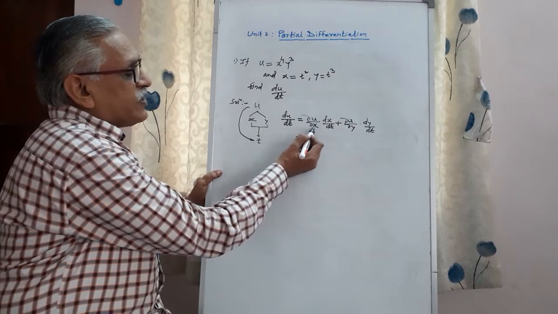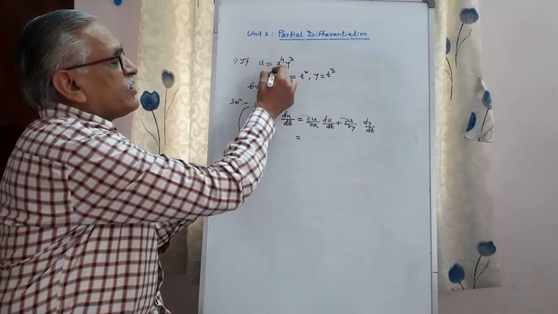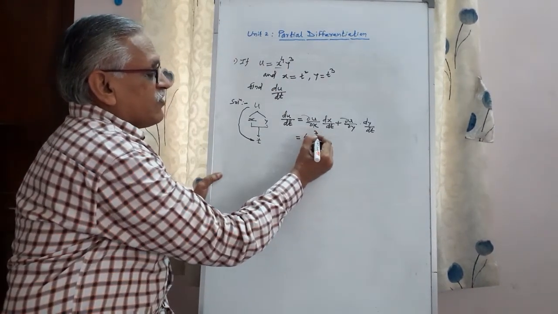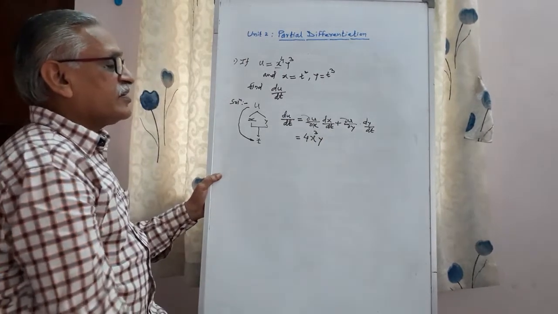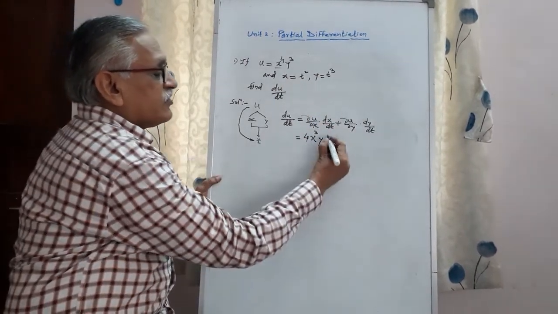Differentiating u with respect to x, the partial derivative of u with respect to x, keeping y constant. Therefore, the derivative of this term is 4x cube, y cube constant as it is. dx by dt, differentiating this with respect to t, we get 2t.